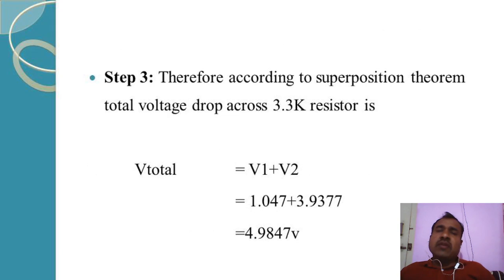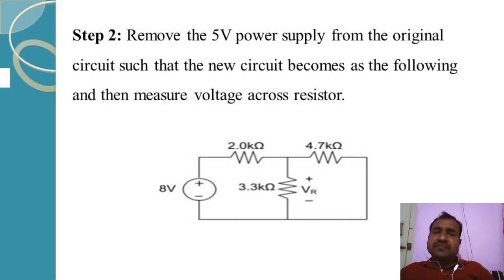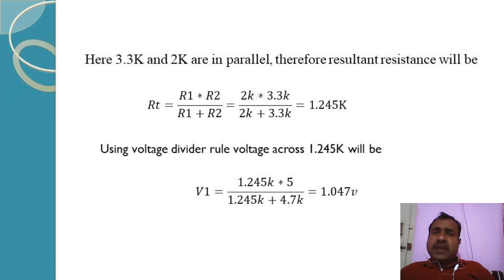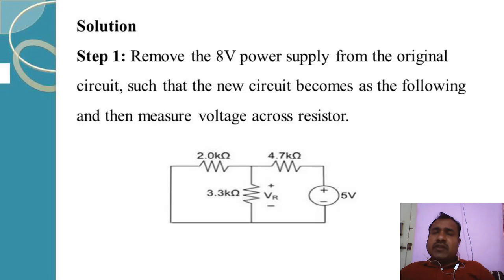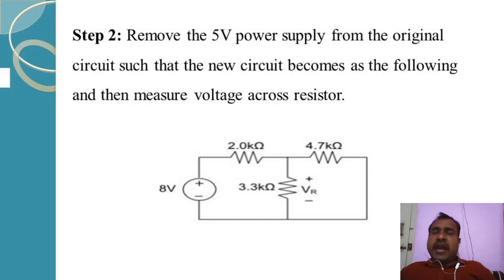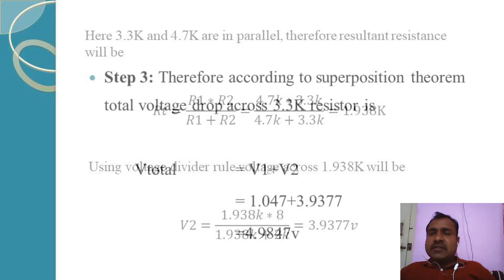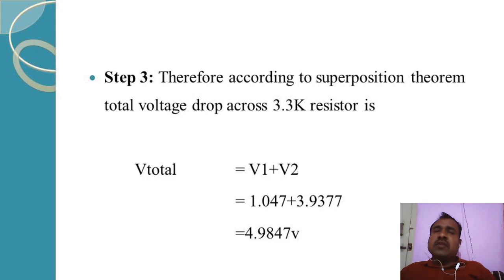Now we have two voltages. Because of the 5 volt source I got V1, 1.047, and because of the 8 volt source I got V2, 3.9377. Finally, according to superposition, we add these two.